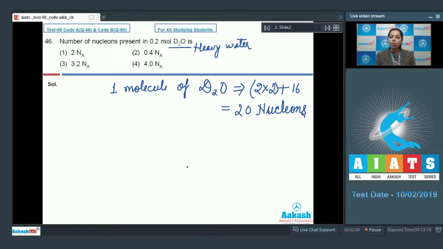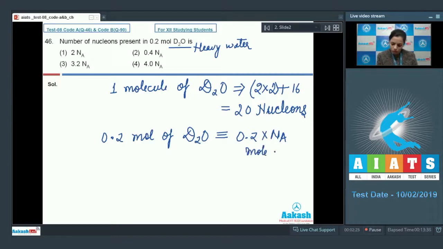But we have 0.2 mole. So if we talk about 0.2 mole of D2O, what does it mean? It means that there are 0.2 into Avogadro's number of molecules. Now on the basis of this, how many nucleons are there? We know that one molecule contains 20 nucleons.